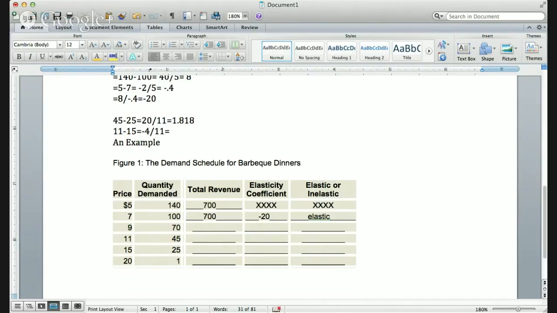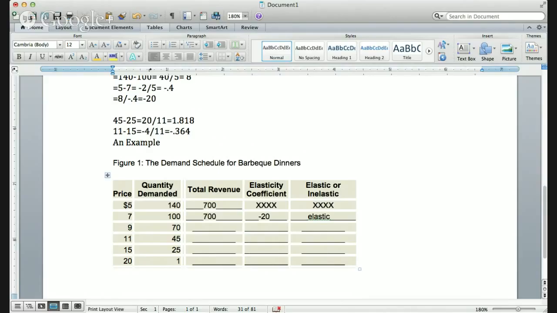And again, you're going to take your 4 divided by your 11, and you're going to get -0.363. Would be 364, rounding up. So we're going to do the same thing, 1.818 divided by 0.364, and that's a negative.